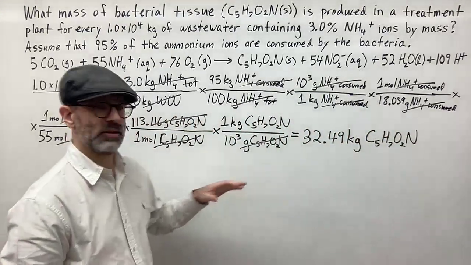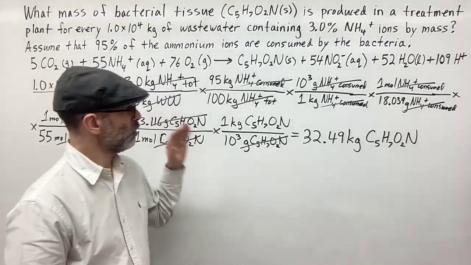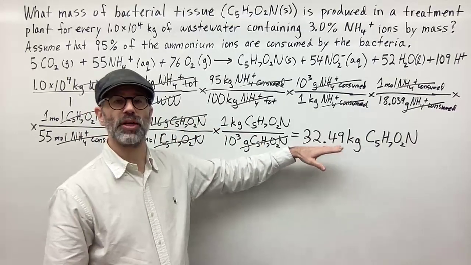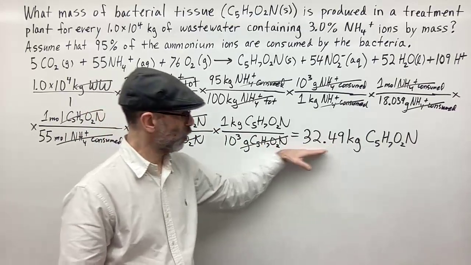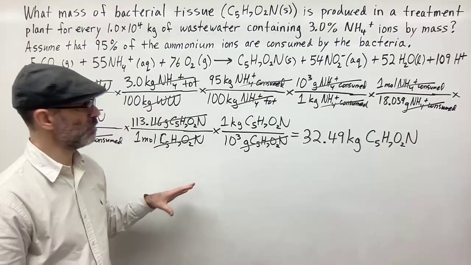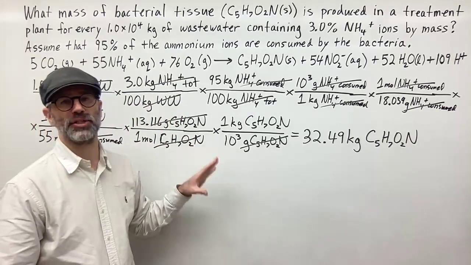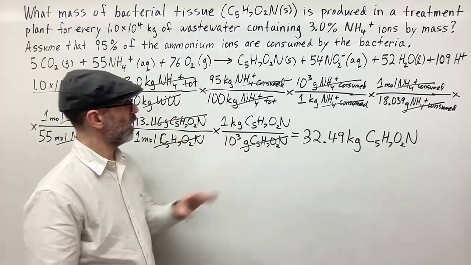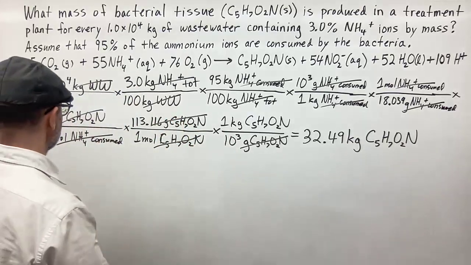Now I have to think about significant figures. When you're multiplying and dividing, your answer should have the same number of significant figures as the least number of sig figs in the measurements you are multiplying and dividing, ignoring, of course, the exact measurements or exact relationships.